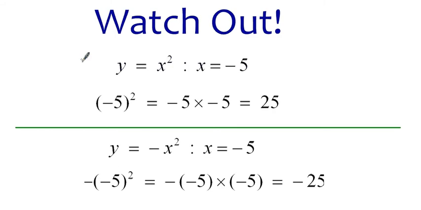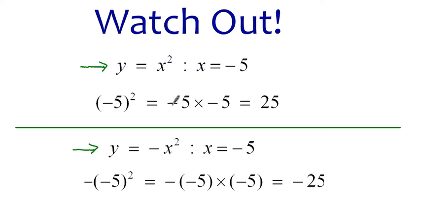I feel it's important to point out you really must be very careful with all these negative numbers floating around, or else you'll get extremely confused. So let's compare and contrast what happens when we use the formula y equals x squared, plugging in negative 5, versus what happens when we use the formula negative x squared, when we plug in that same value. Well, in the first case, we're looking at negative 5 squared, so we have to multiply negative 5 by itself.